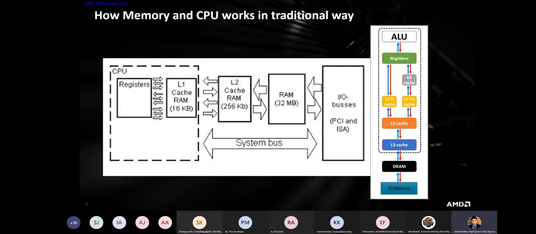So that's the trade-off that we are working on with this traditional way, because we have only one system bus that flows between IO, RAM, L2, L1, and the registers.